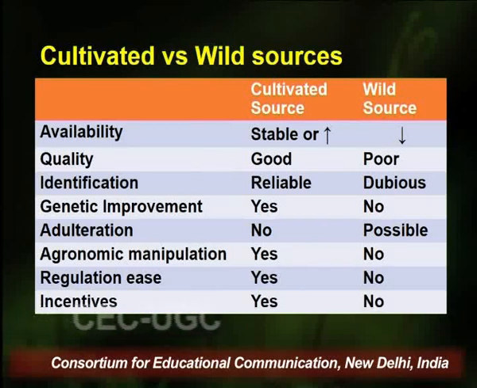Next is genetic improvement, which can be done in the case of cultivated sources. When the plant is being cultivated we can always improve its genetic quality, either by hybridization or by incorporating genetic manipulation or the desired genetic characters in the crop.